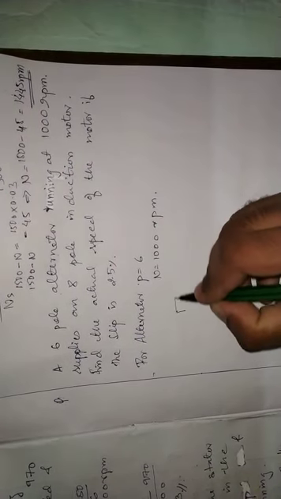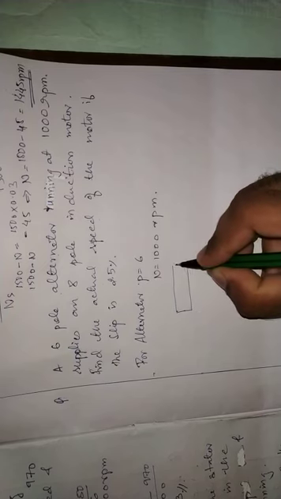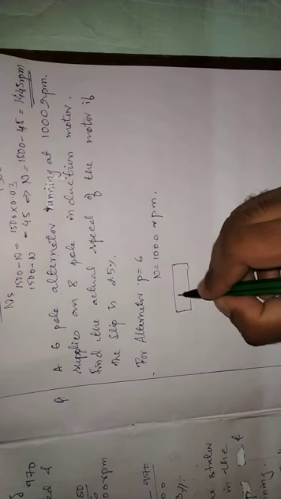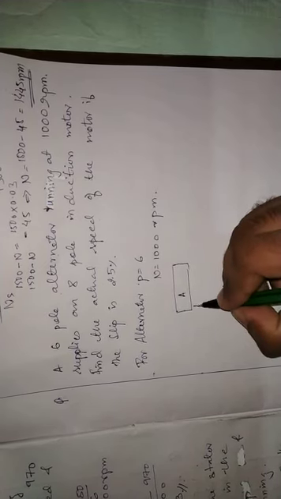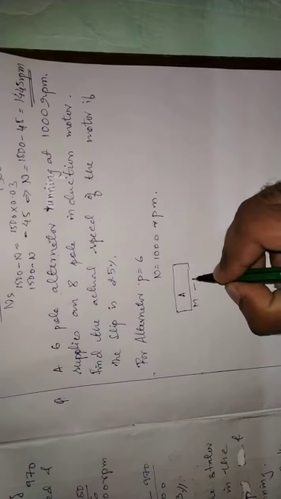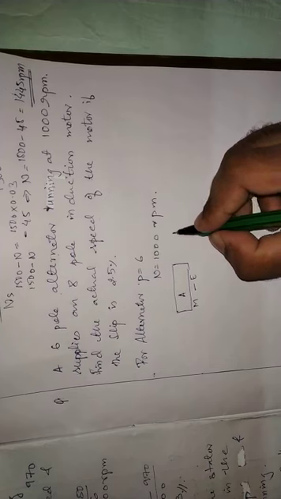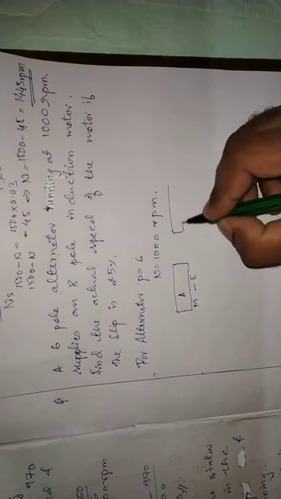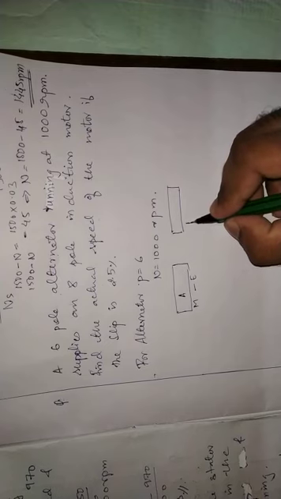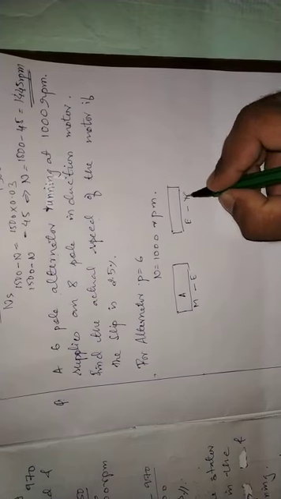So this is my alternator, which converts mechanical to electrical energy, right? And here is my induction motor. Motor is what? It will take electrical energy and convert this back to mechanical, right?